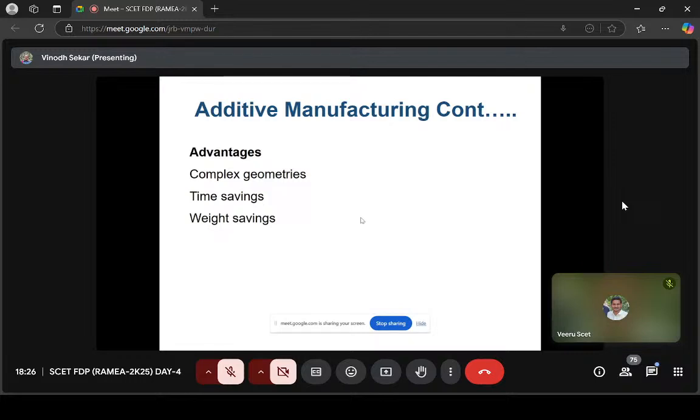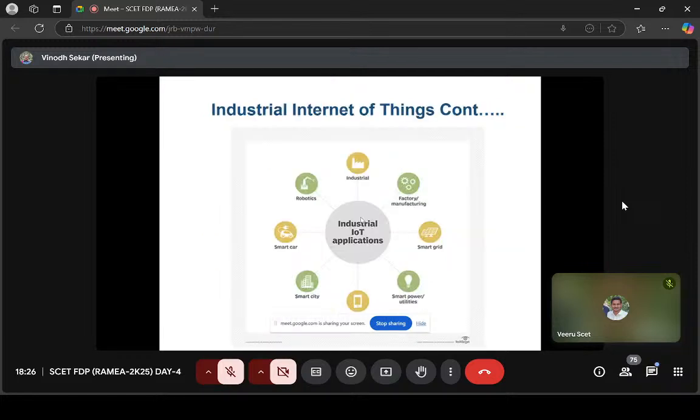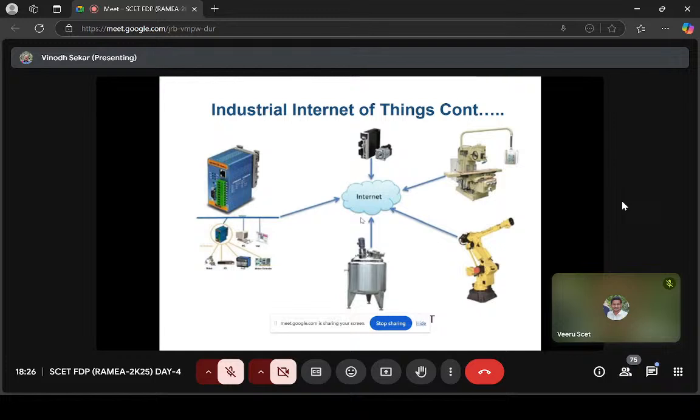Okay. Next comes the role of Internet of Things and Industrial Internet of Things, wherein IoT and industrial IoT help us, and the applications are in different sectors. We could see the concept view of an industrial IoT system, wherein we have the machine tools, robots, communication networking protocols, sensors and actuating modules.